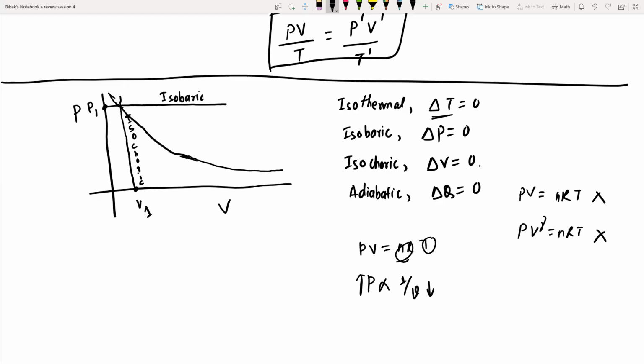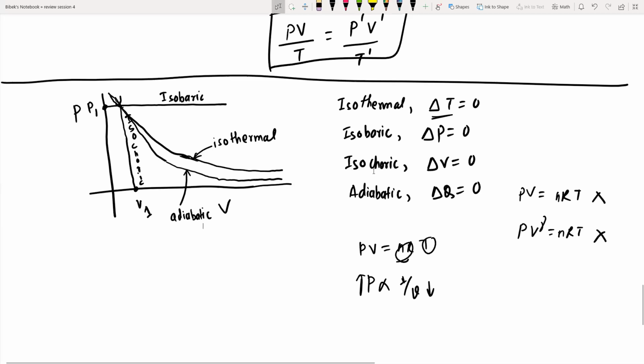However, in adiabatic, because of the gamma factor, which you don't need to remember for your course, if you draw the graph, it is similar to isothermal, but the hyperbolic function will have more slope. So this is for isothermal, and this will be for adiabatic. I recommend you just remember that the adiabatic will have more slope compared to the isothermal. That's the way to go about it for this course.